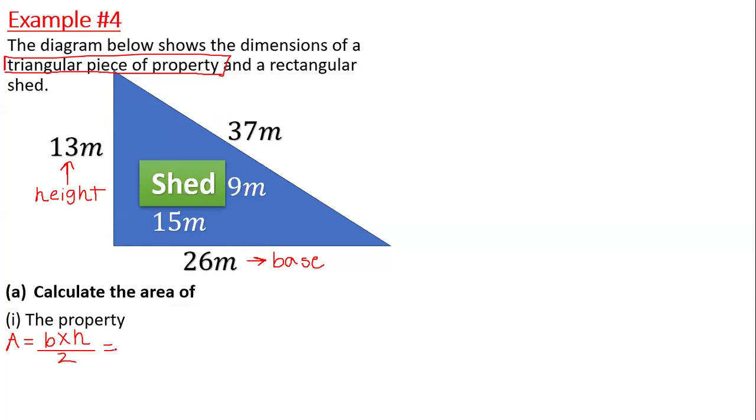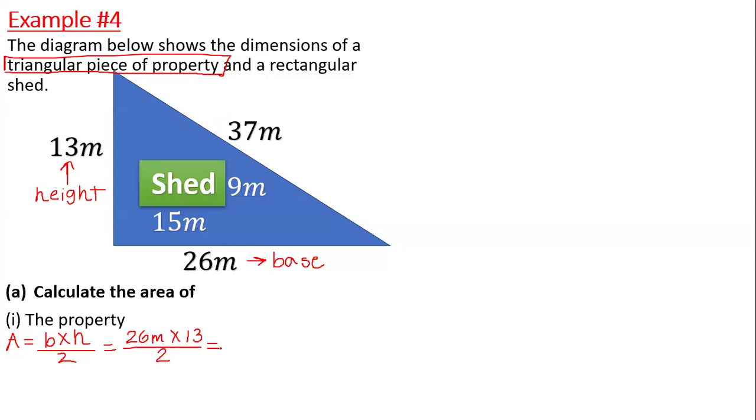The base is 26 meters. The height is 13 meters, all over 2. It's going to be equal to 26 multiplied by 13.